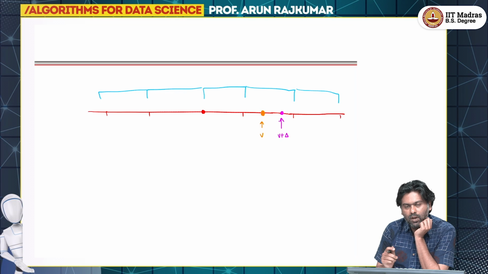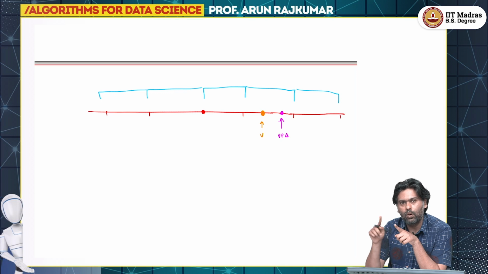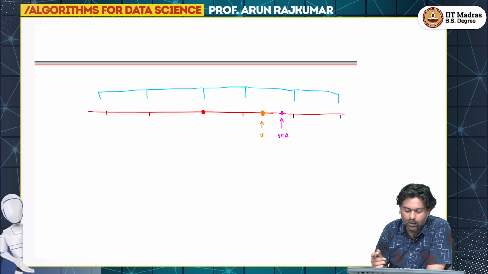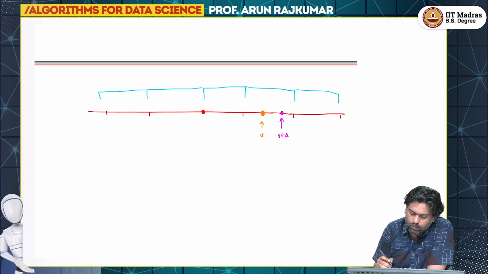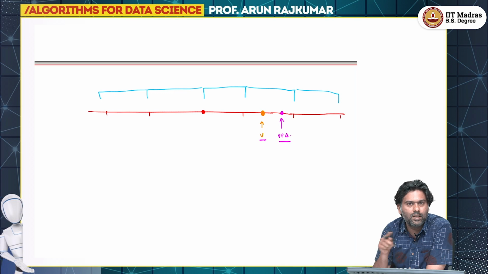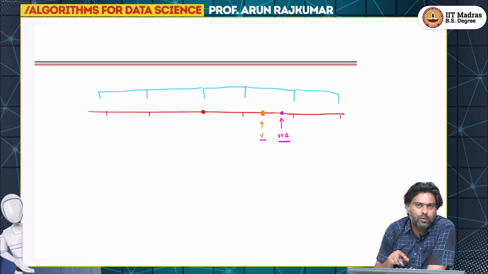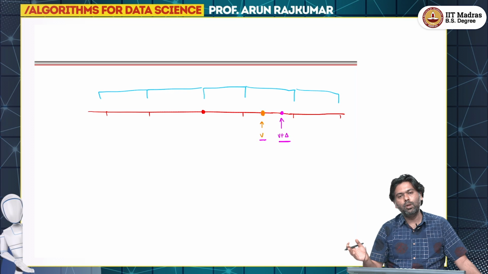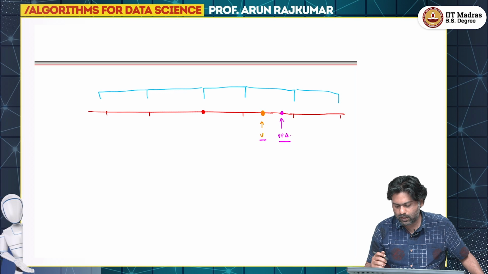So B can be any value between 0 and W, it is uniform between 0 and W in general. But let us say if I add B to V and if I add B to V plus delta, they should both land in the same box, right. So that is what I really want B to satisfy, right.